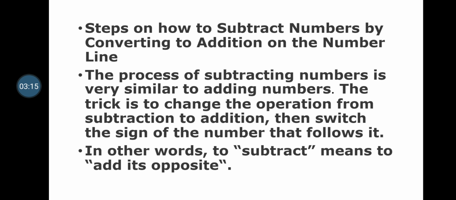In other words, to subtract means to add its opposite. So when we need to subtract an integer, you can change the sign of the second number. In your previous class you would have studied about inverse. In the next slide I will show you.